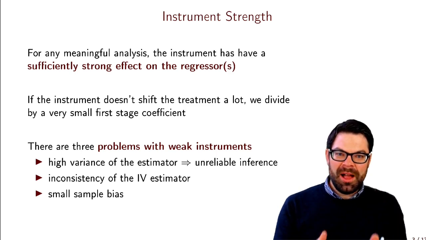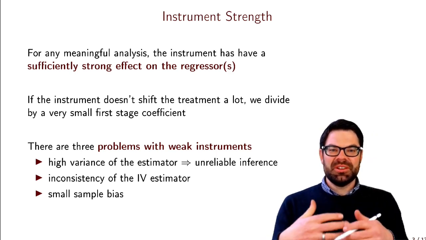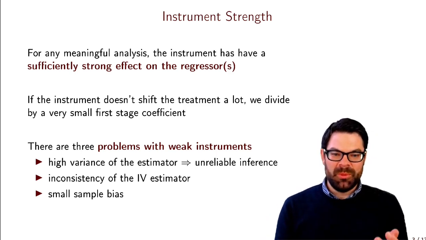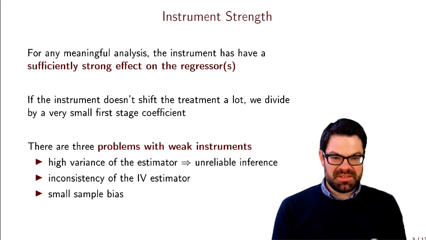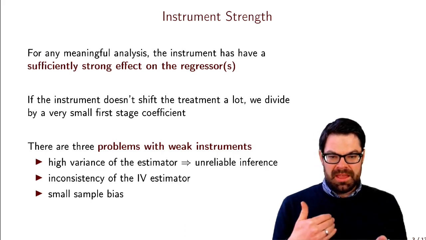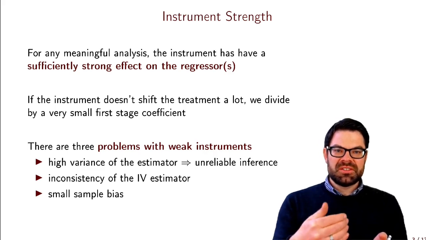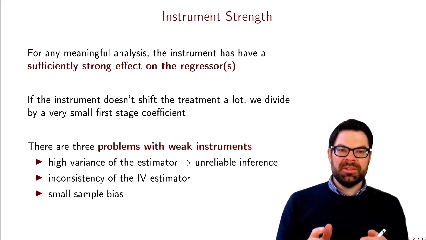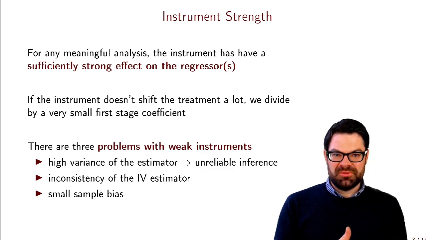And to know why it's not that easy, we need to first go deeper into what the problem with weak instruments is. Once again, an instrument is considered weak if it only has a very small effect on the actual regressor of interest.